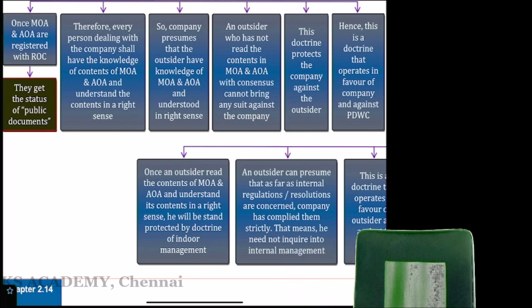An example of a public document is a newspaper. Can a small boy aged 5, 8 or 10 years buy a newspaper? Can a person aged 80 years buy a newspaper? Is there any age restriction, community restriction, or language barrier to buy a newspaper?